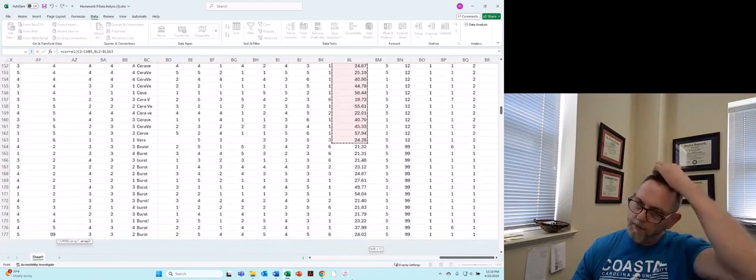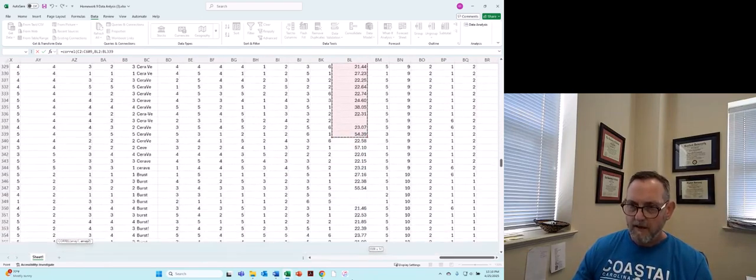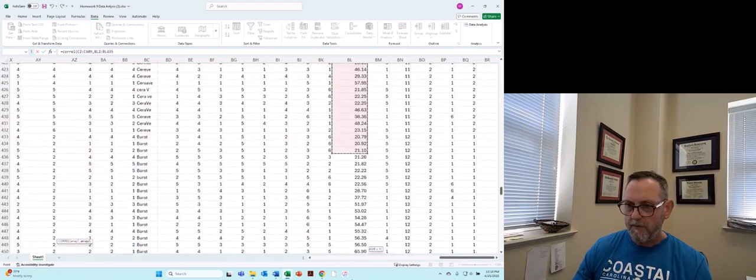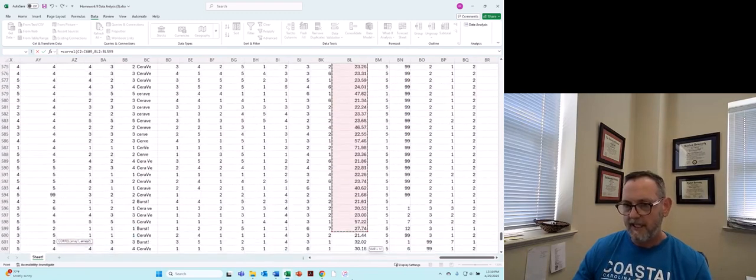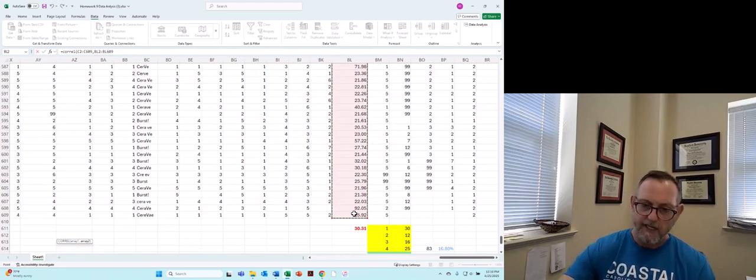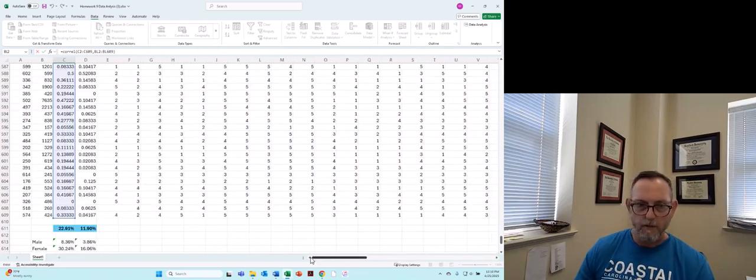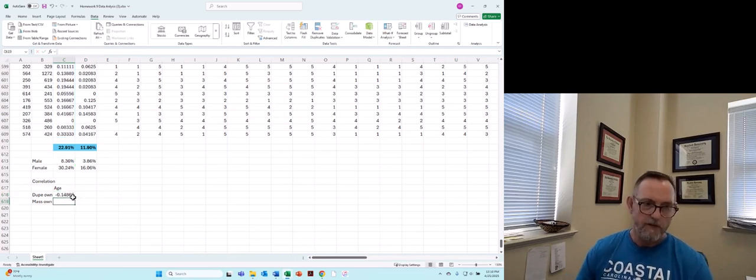In the data set, people inserted their birth date, and from somebody's birth date you can simply take the difference between today's date and their birth date to calculate their age. That's what we did here. We ran that, and we've got this correlation now.